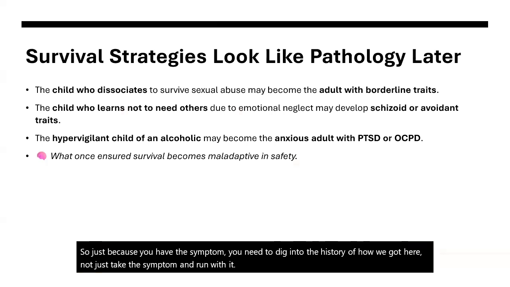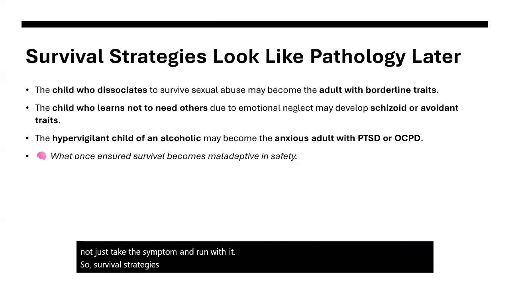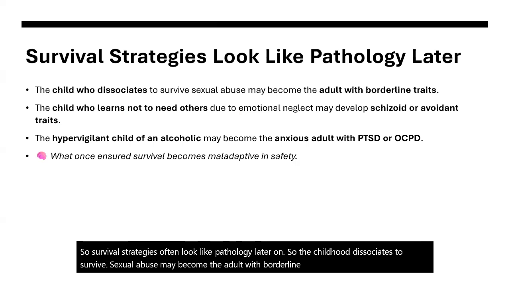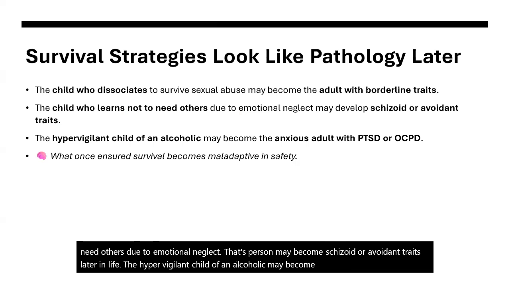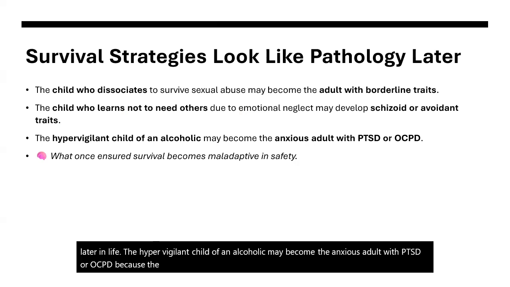So survival strategies often look like pathology later on. So the child who dissociates to survive sexual abuse may become the adult with borderline traits. The child who learns not to need others due to emotional neglect, that person may become schizoid or avoidant traits later in life. The hypervigilant child of an alcoholic may become the anxious adult with PTSD or OCPD. With OCPD, what benefit can you see? It gives a sense of control. Right?